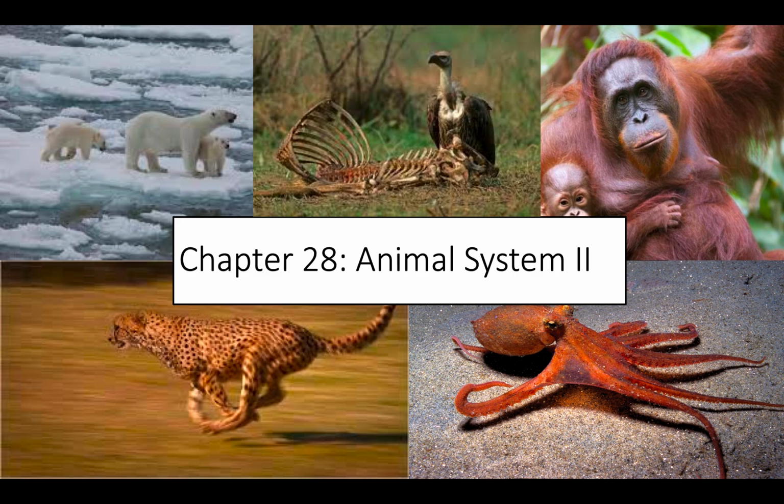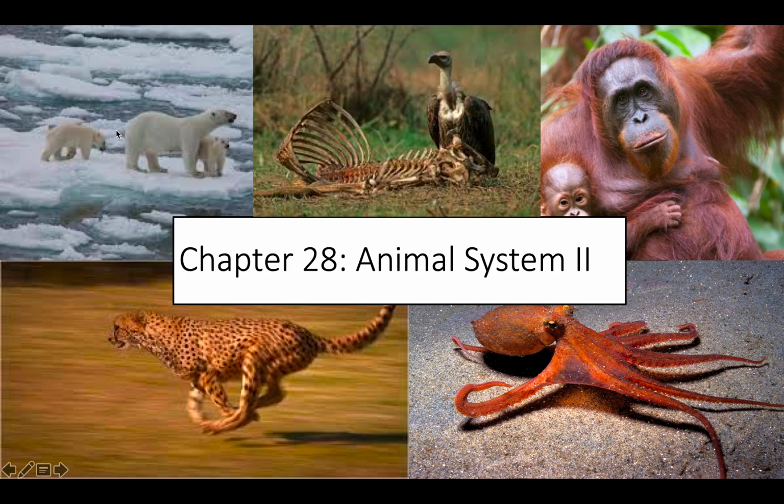You've heard of the term fight or flight. That has to do with it as well as being able to respond to certain environments, both internal and external. And how do these animals that have different structures and are put together differently go about doing that? So we're going to look at some of those.